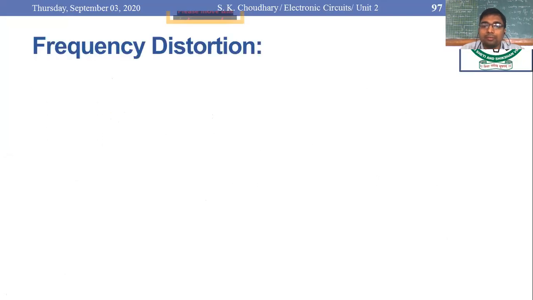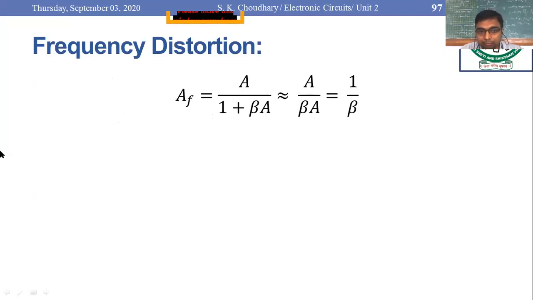Now today, we would move to the next characteristic of negative feedback, that is the decrease in frequency distortion due to negative feedback. When you apply negative feedback, we have already defined the gain formula: AF is equal to A upon 1 plus beta A, and we know that in this case beta A is very much larger than 1.